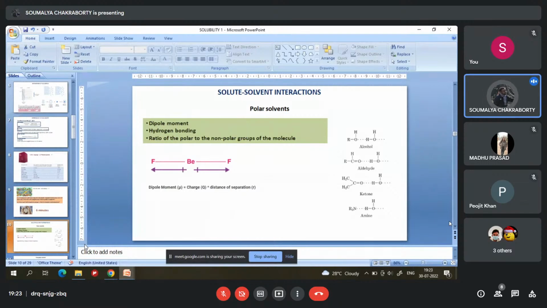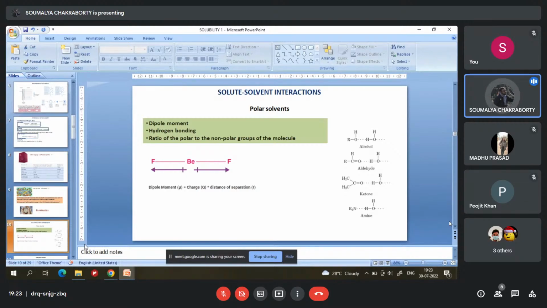Polar solvents are basically protic solvents. Here the main driving force behind the solubilization is dipole moment. So what is dipole moment? Let me explain the concept. If we assume HCl, hydrogen chloride, here the electron cloud will be shifted towards the chlorine atom because of its higher electronegativity in comparison to hydrogen, and a local non-equal distribution of the electron cloud will be there.